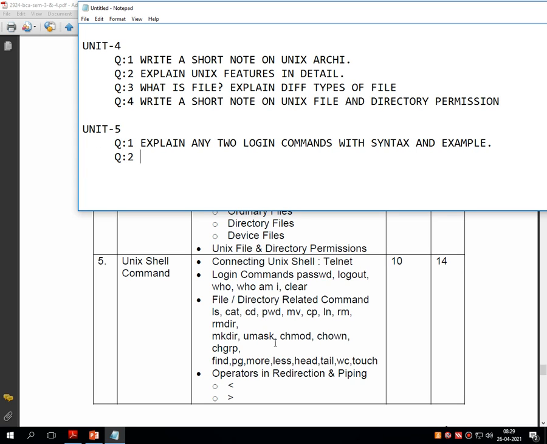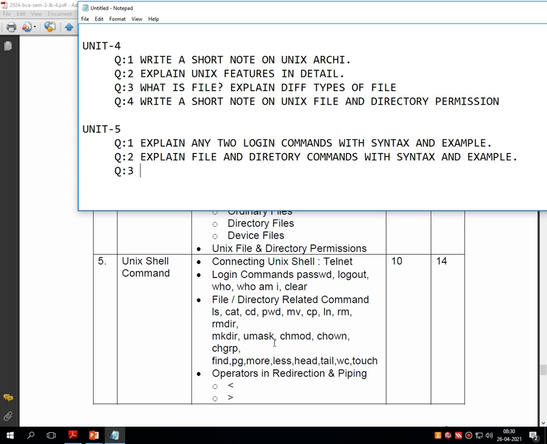Question number 2. Explain file and directory commands with syntax and example.